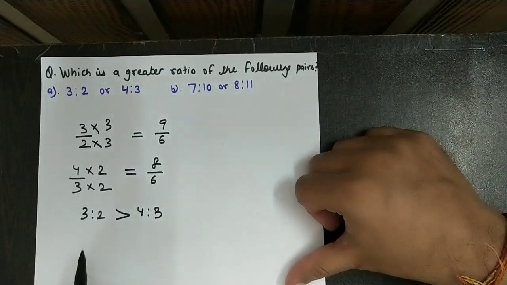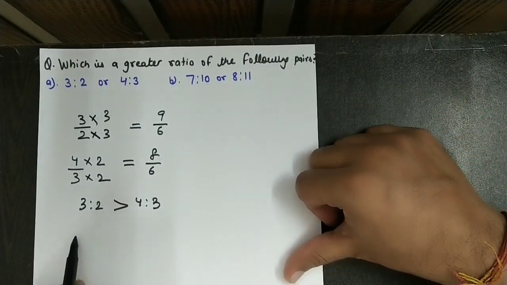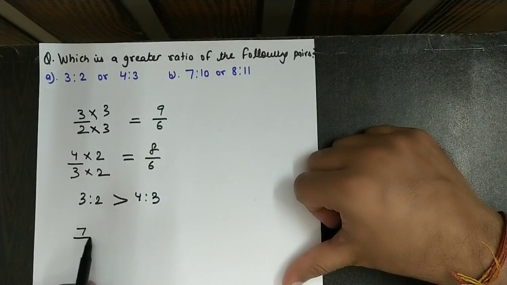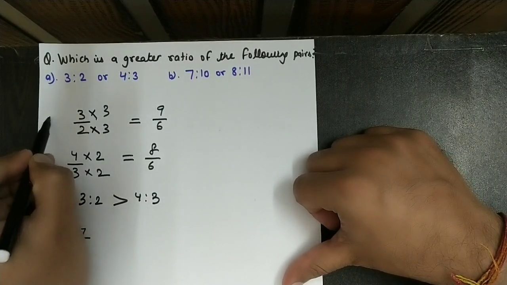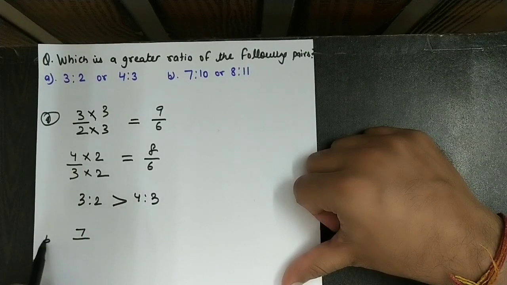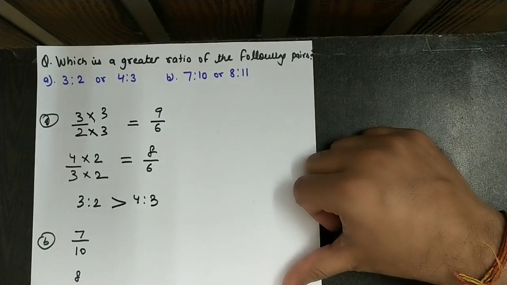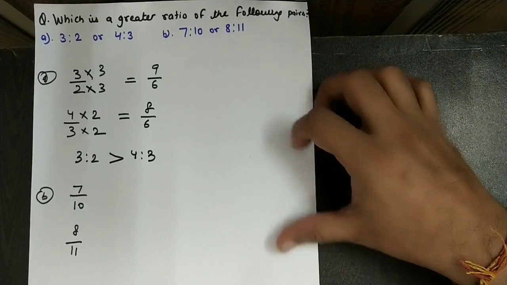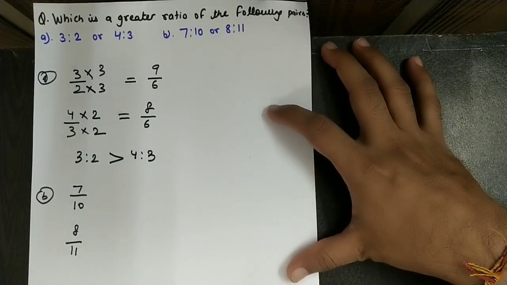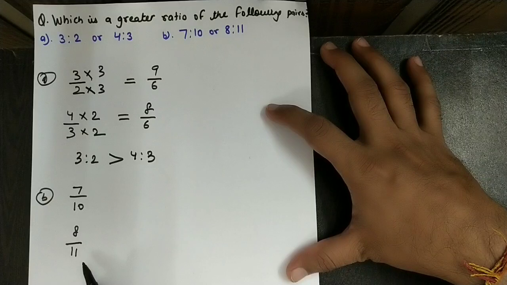Similarly, let us see another one, the second question. We have the first ratio 7/10 and the second ratio 8/11. 7/10 and 8/11. Again we will follow the same procedure.